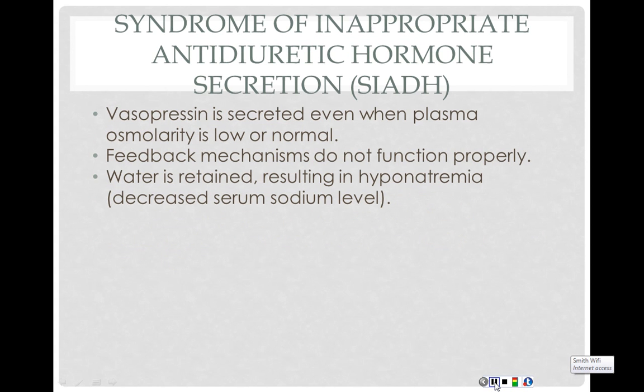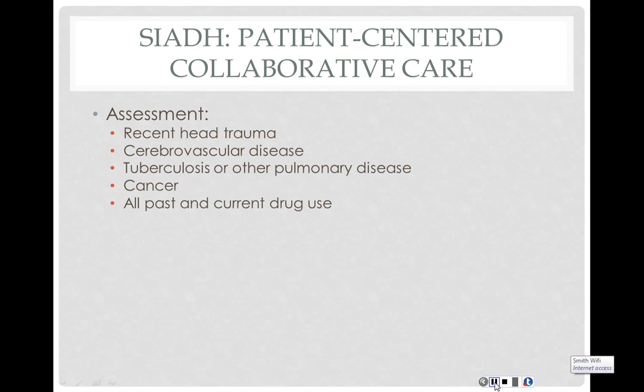All right, so the inverse of that, syndrome of inappropriate ADH, this is when vasopressin is secreted even more, even when the plasma osmolarity level is low or normal. And so with this syndrome, the person is retaining too much water. So some reasons that we see syndrome of inappropriate ADH occur.